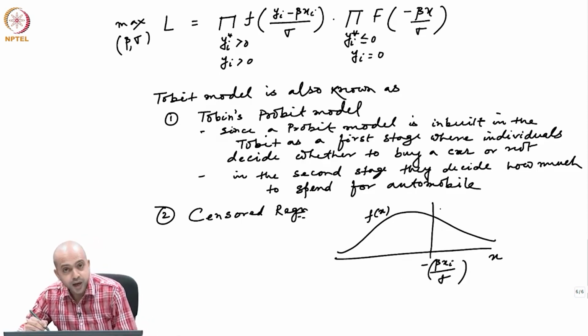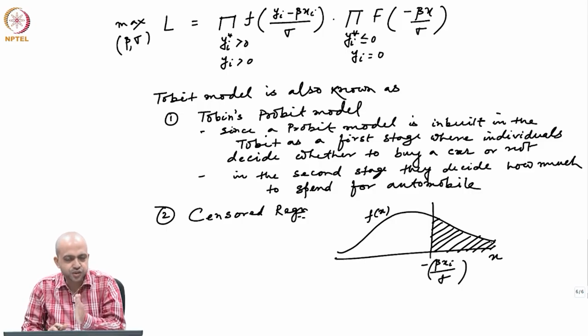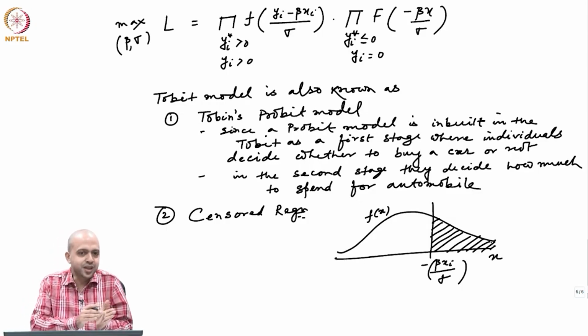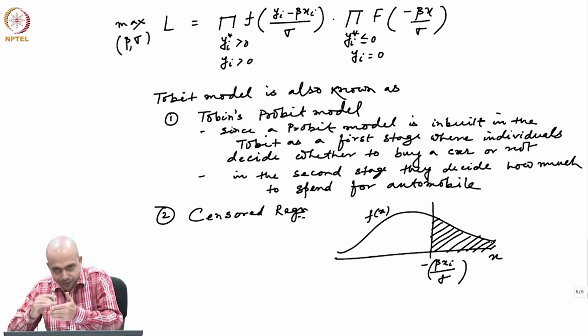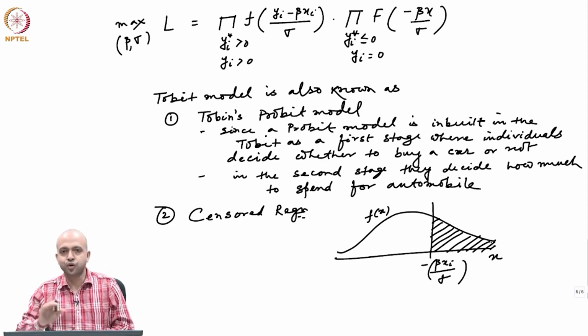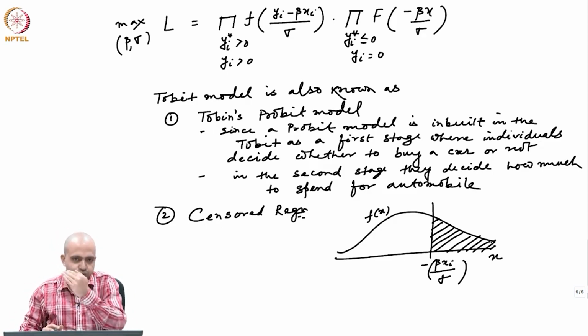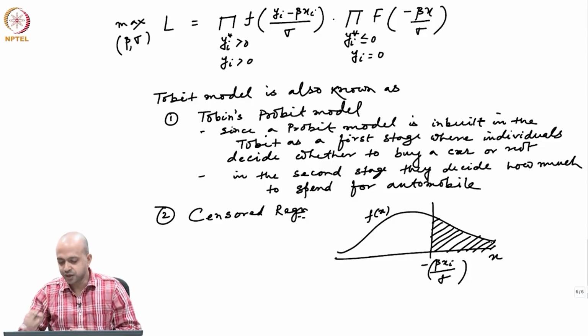So, I can observe a positive expenditure only after this. That means I am putting a censoring at 0. So, 0 or less than that I am not able to observe. If your expenditure is more than 0, then only I will be able to observe your automobile expenditure. That is why it is censored from below. That is why this is called a censored regression.